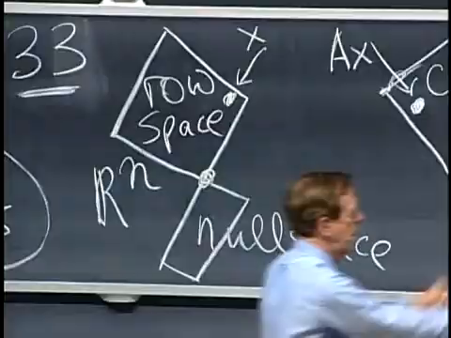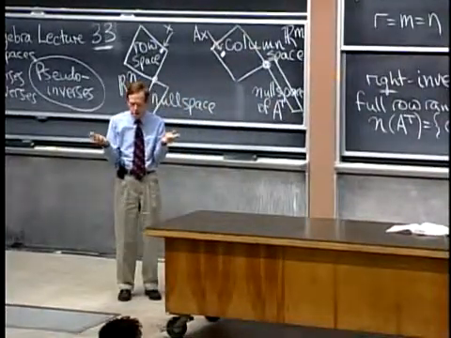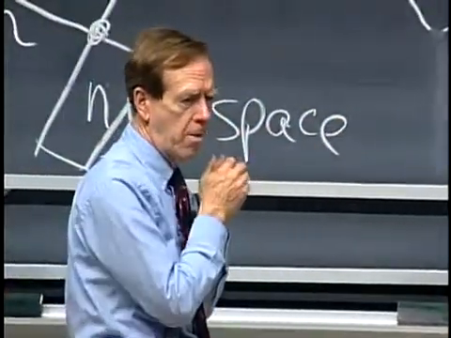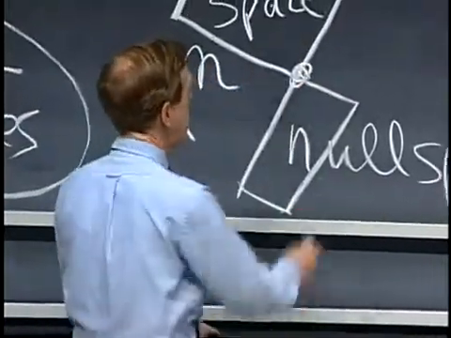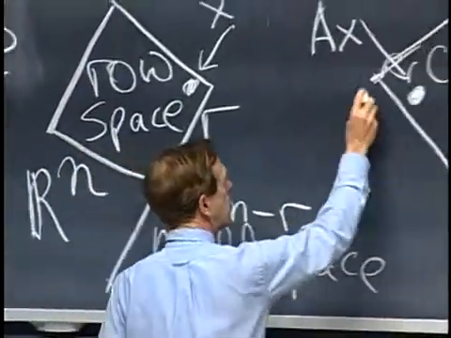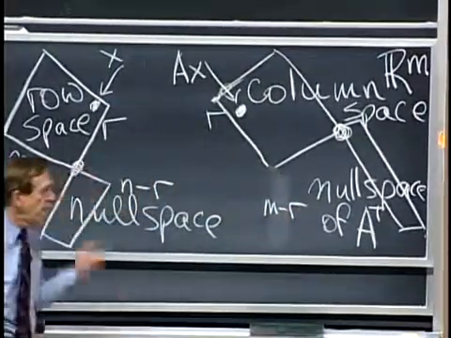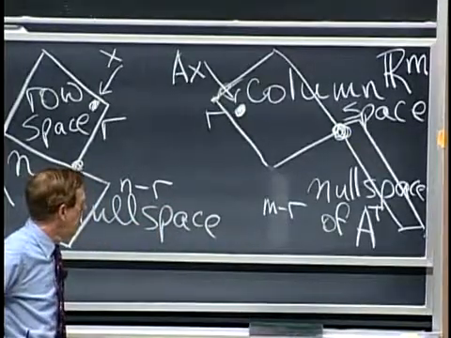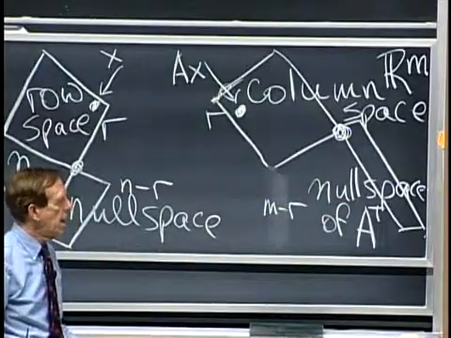Case 3, this null space was gone. And then case 4 is the most general case, when this picture is all there. This has dimension r, of course. This has dimension n minus r. This has dimension r. This has dimension m minus r. And the final case will be when r is smaller than m and n.